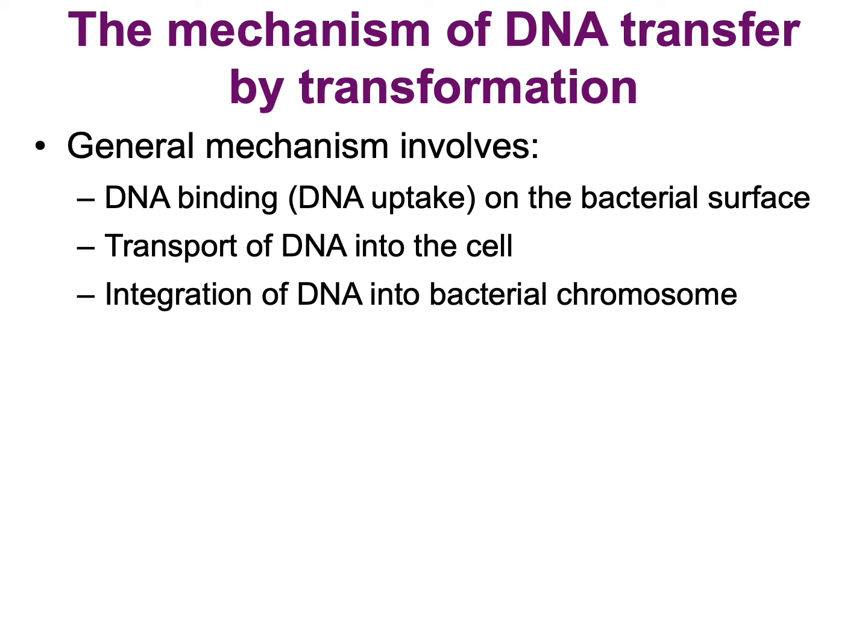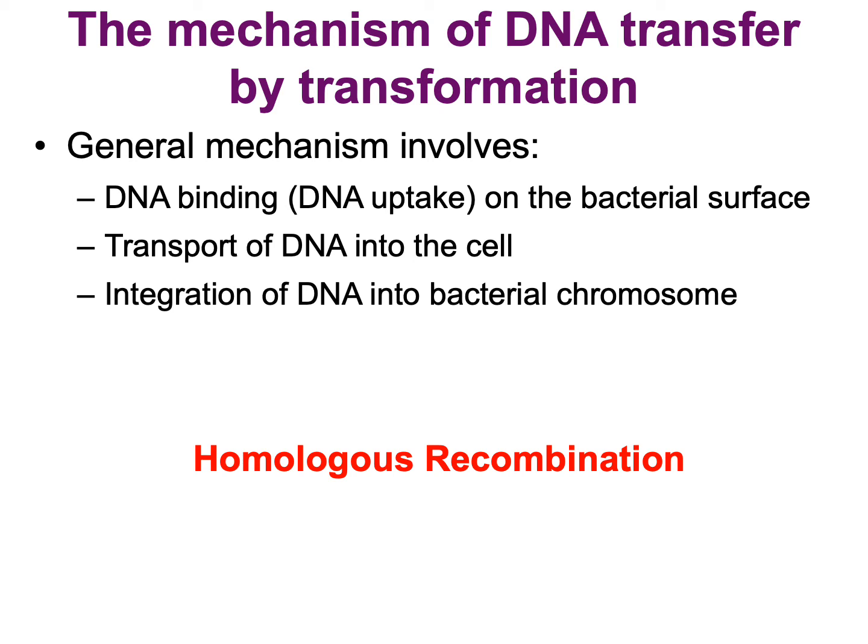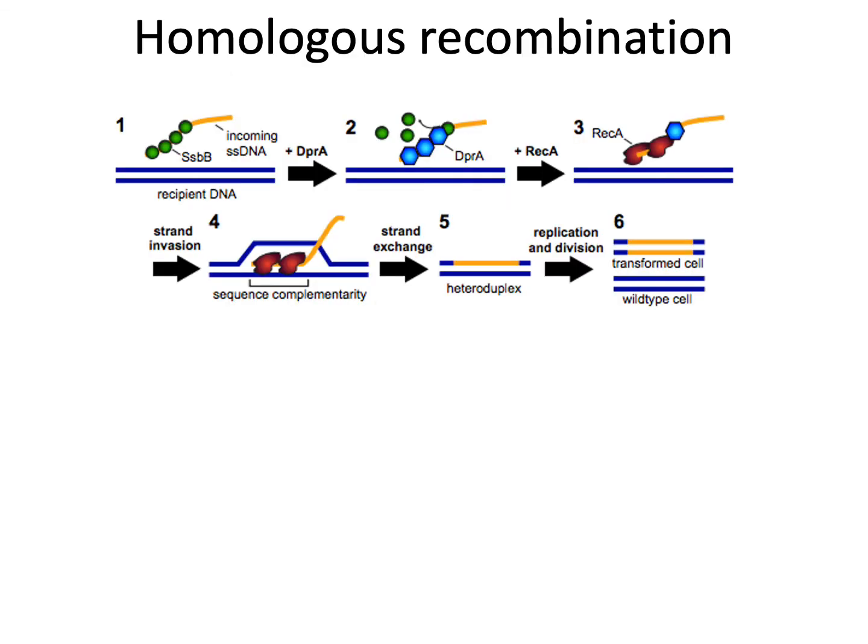The transformation won't complete if the foreign DNA is not integrated into the recipient cell genome. The integration of DNA into the host chromosome will occur through a process called homologous recombination. Homologous recombination relies on extensive sequence similarities.